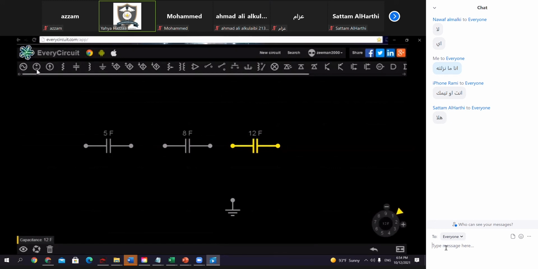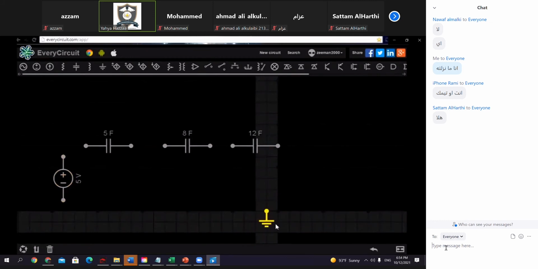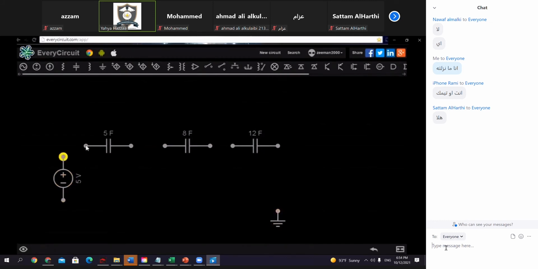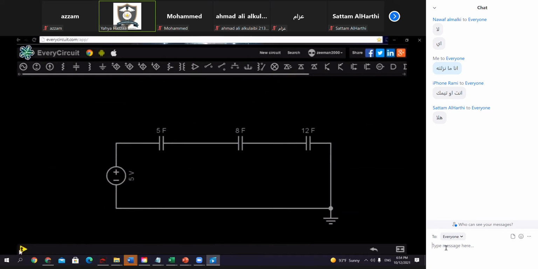We'll now add a power supply which we'll set to 5 volts. And connect all the components together and connect in the ground point. When we play the simulation, the capacitors charge up.